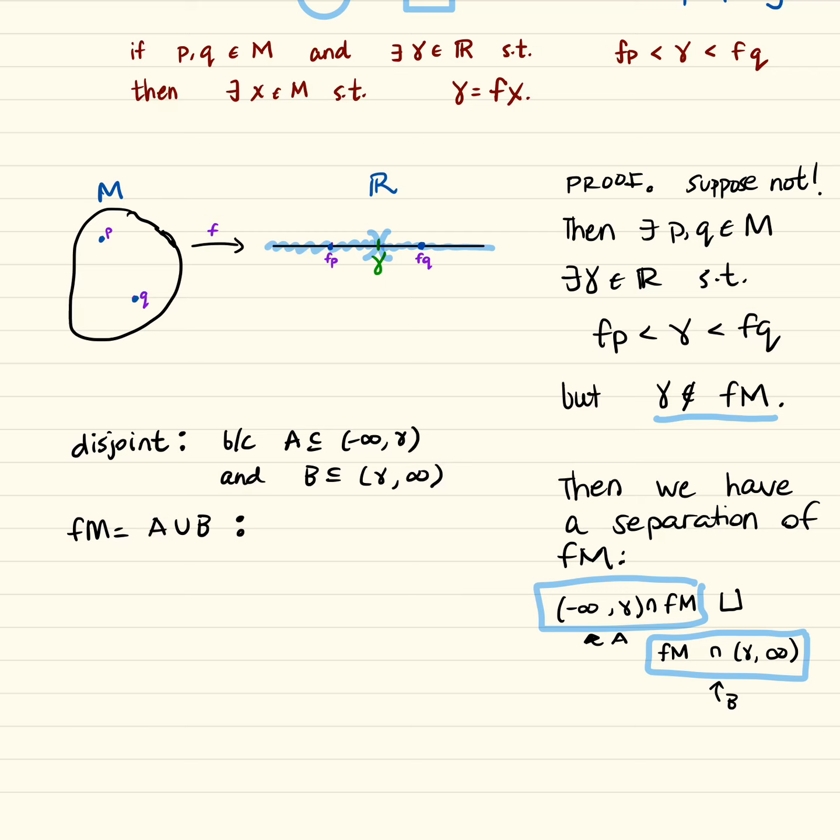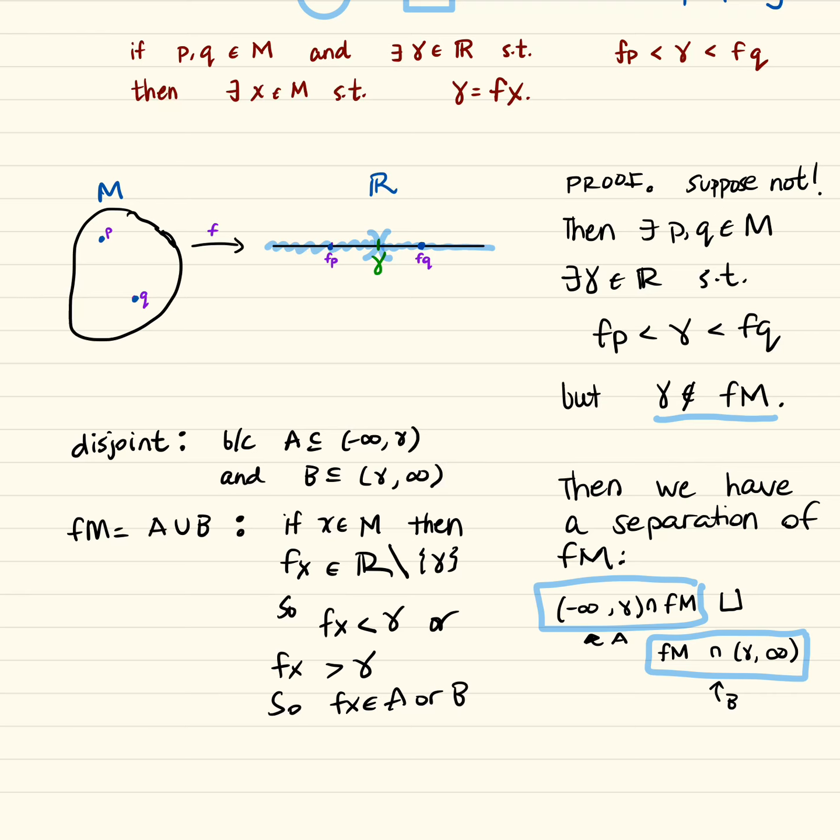Well, if x belongs to M, then F of x belongs to R, right? But wait, F of x is not going to be gamma, so let's put in here R minus gamma. So F of x is either less than gamma or F of x is greater than gamma. So F of x belongs to A or B, right?